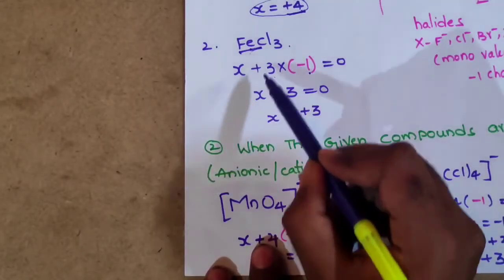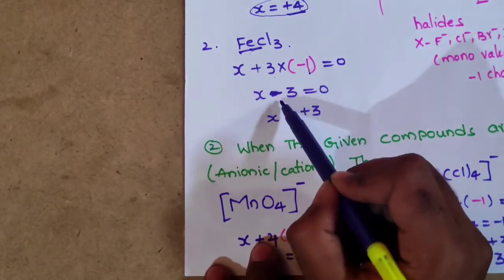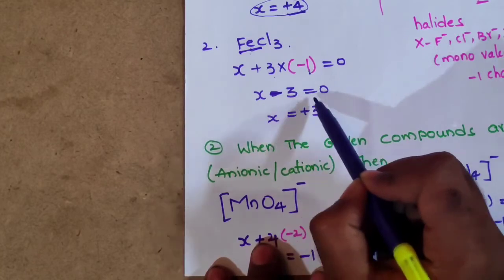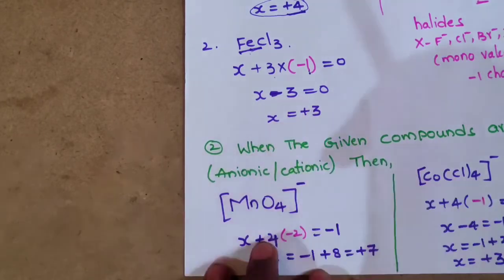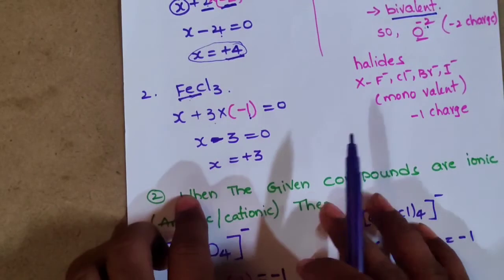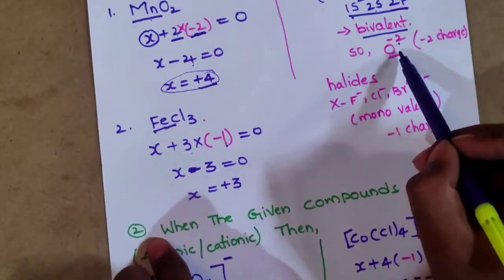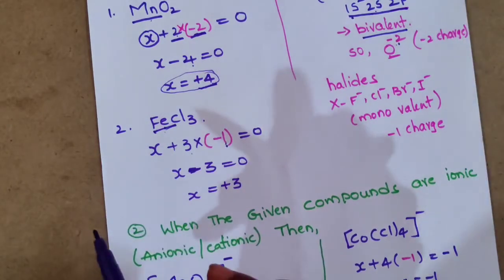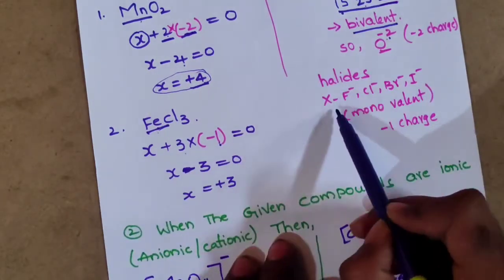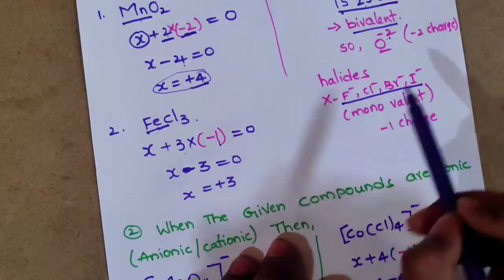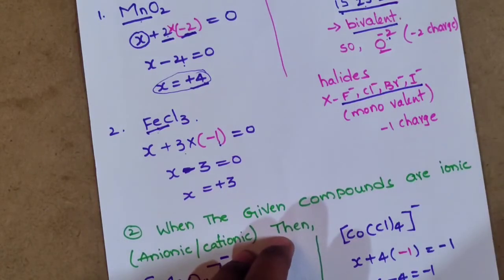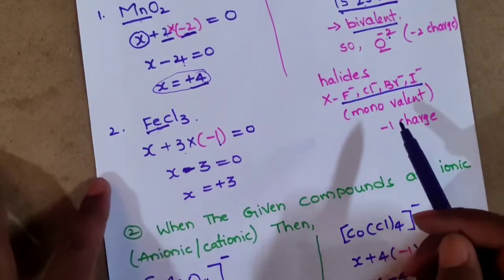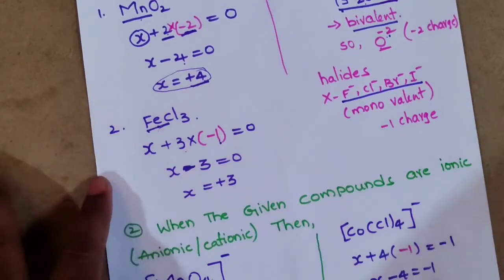Then X plus 3 into -1 is -3, X minus 3 equals 0, X equals +3. So remember that for oxygen the charge is in general -2, and for halides it is always -1, as we know that they are monovalent atoms.